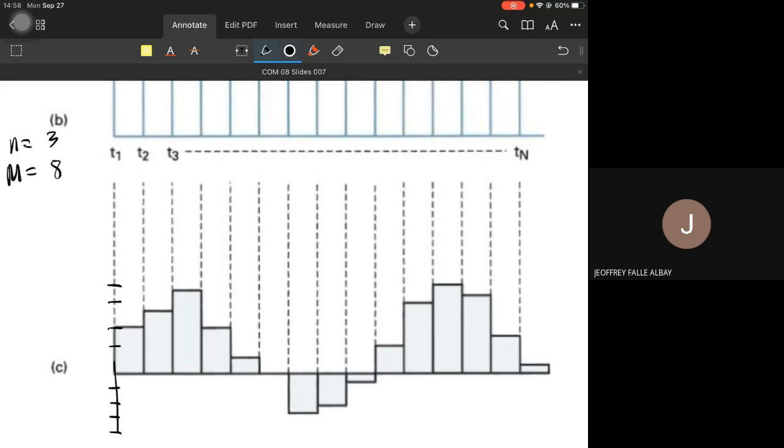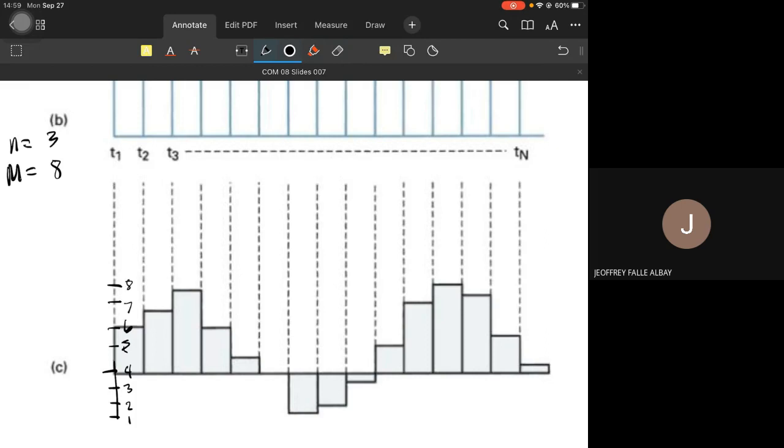So those are the 8 levels: 1, 2, 3, 4, 5, 6, 7, 8. Yes, these are the 8 possible levels.